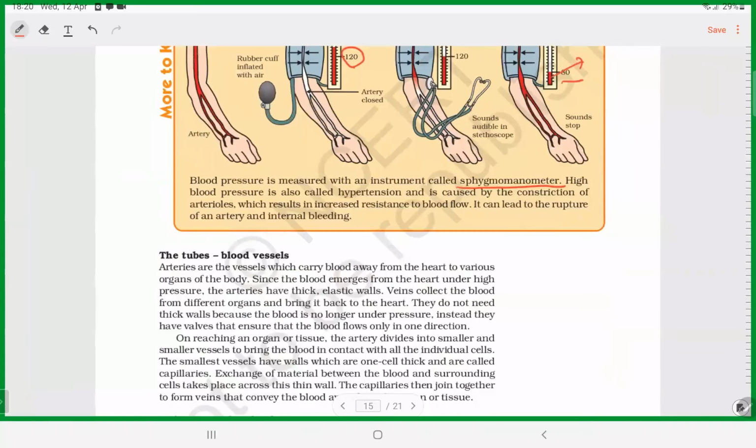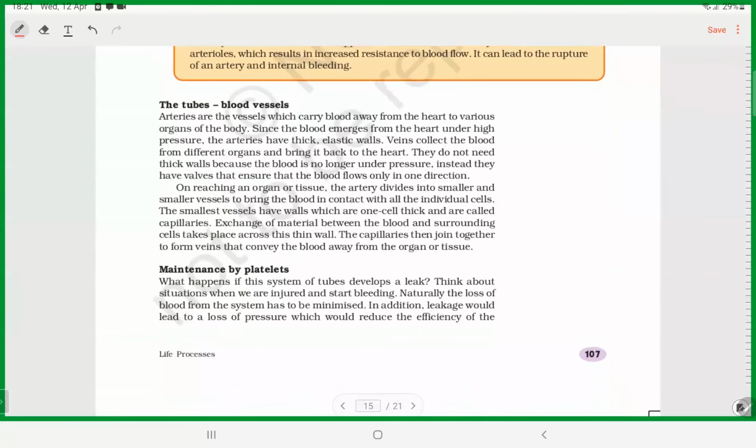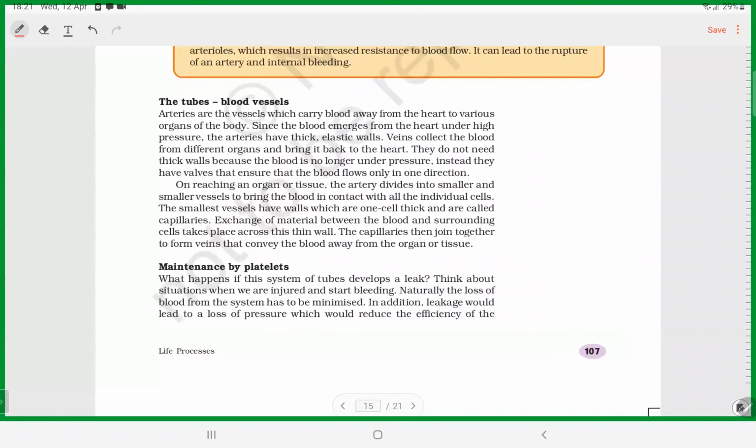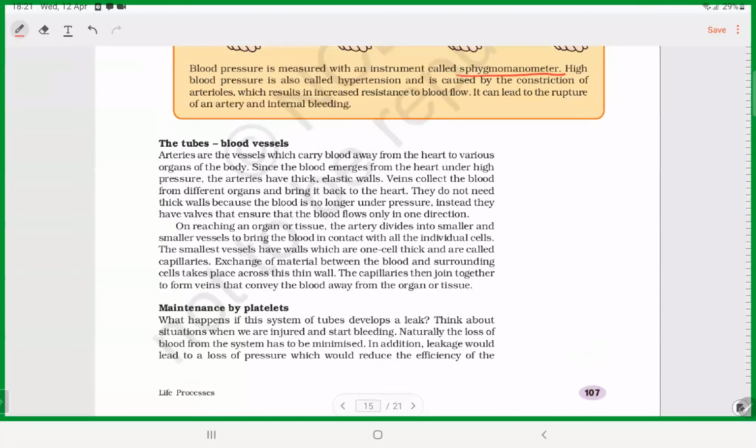Now, apart from the pumping organ, what are the other important components of the circulatory system? We have blood vessels. Blood vessels are classified into arteries, veins and capillaries.